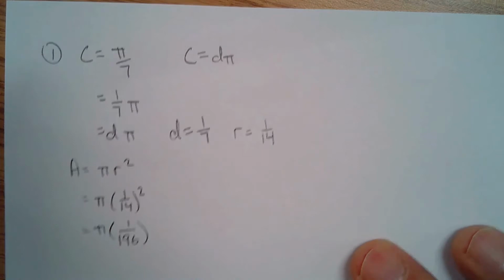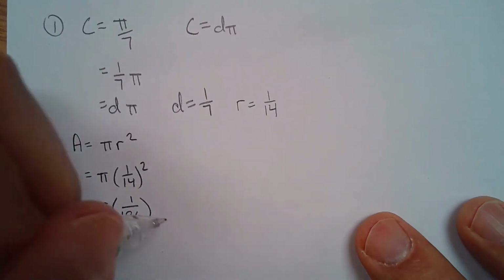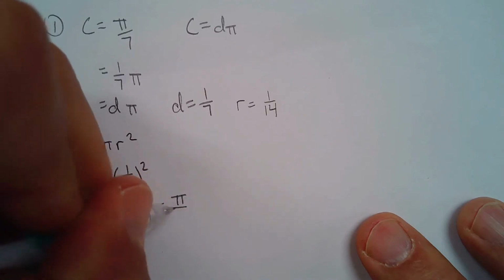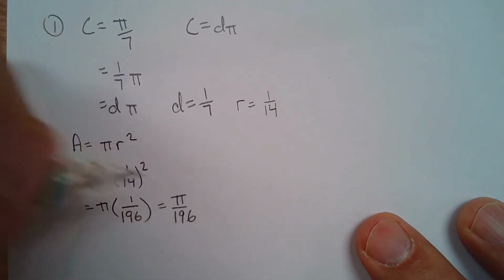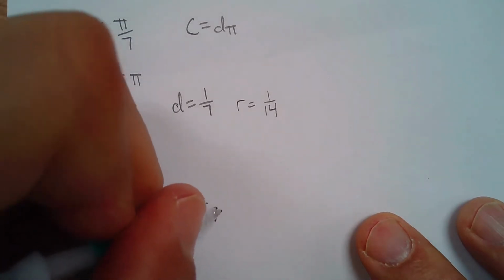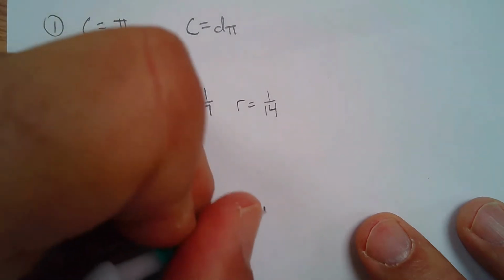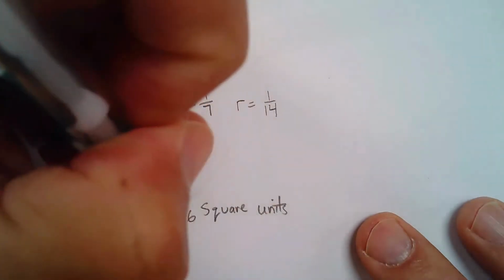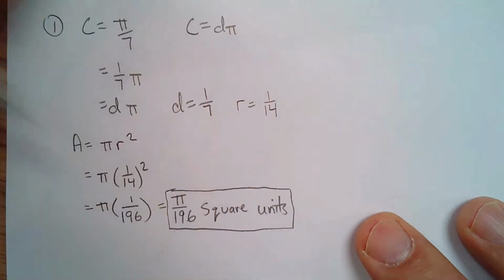So pi times 1 is pi. So it's pi over 196. And since we're talking about area, we're in square units. And that would be our answer. I'll box that. And there we go.